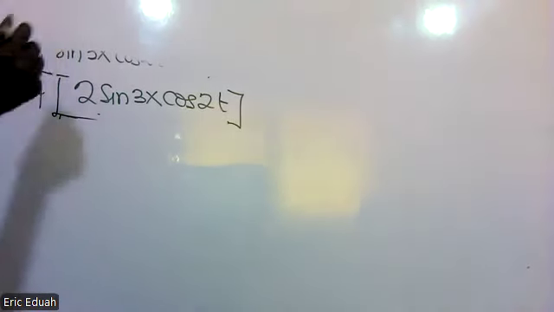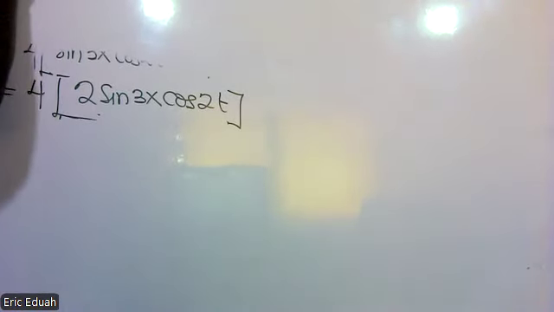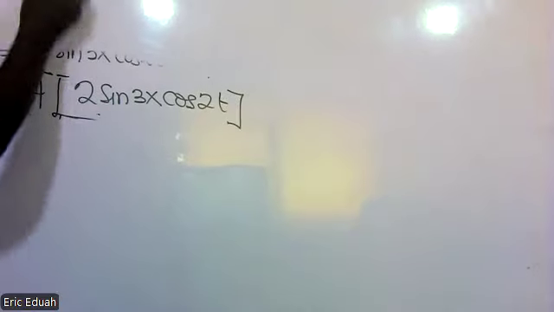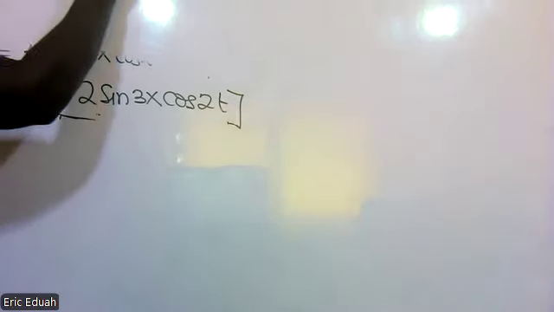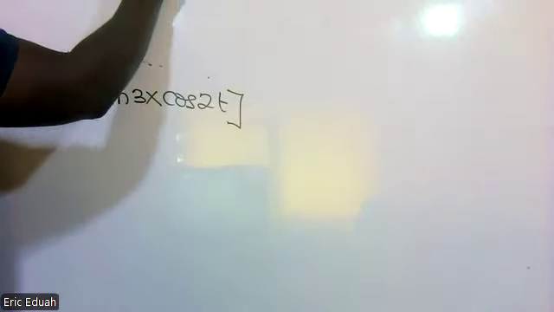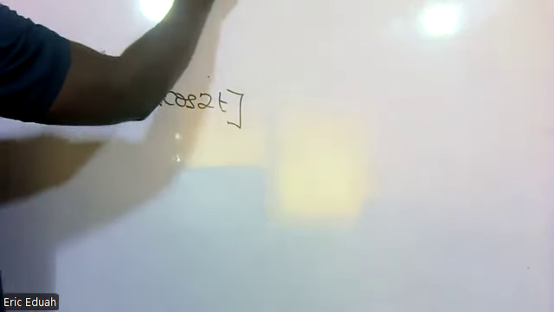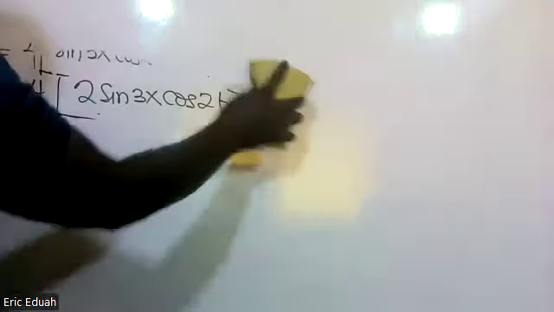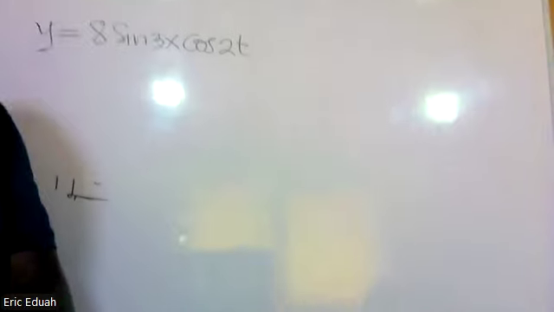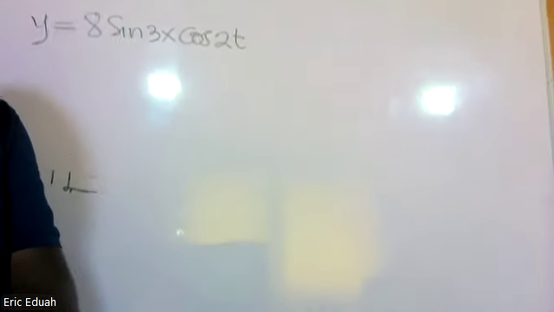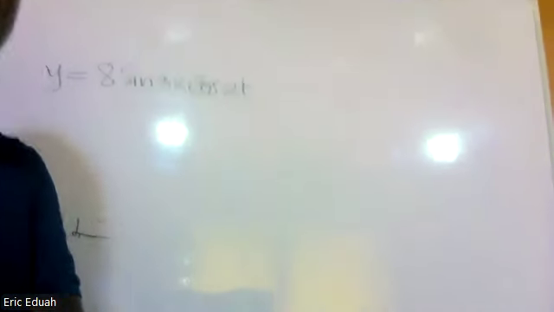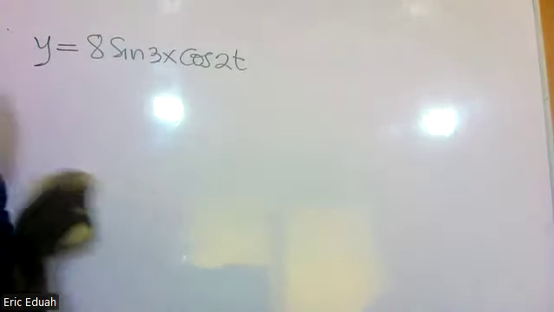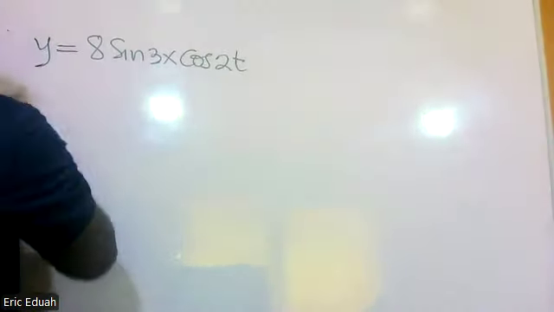So our equation is y equals 8 sine 3x cos 2t. So it means that this is a closed boundary or barrier, because the amplitude function is expressed in sine. It's a closed barrier.